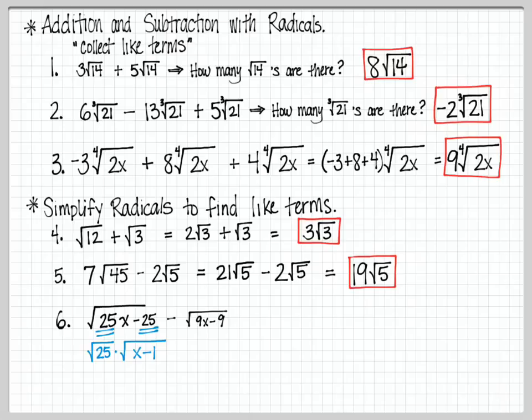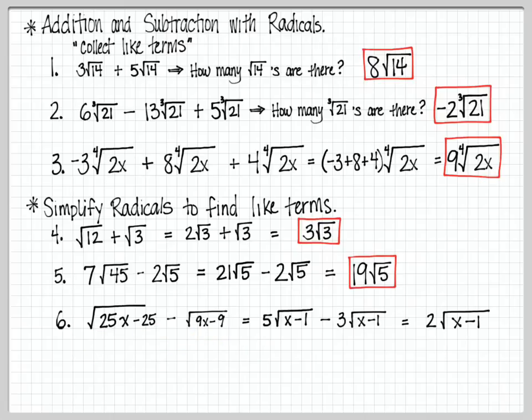And in the second, where I'm subtracting the square root of 9x minus 9, both of those terms under the radical symbol are divisible by 9, so I could factor out a square root of 9. And then the square root of 25 and the square root of 9 simplify, so I have 5 square roots of x minus 1, minus 3 square roots of x minus 1, and when I collect that all together, I end up with 2 square roots of x minus 1.